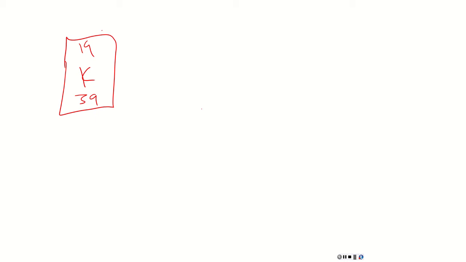Well, I would have to draw 19 protons. And how many neutrons would I have to draw? Well, what's 39 minus 19? 20. I would have to draw 19 protons and 20 neutrons, and that would get really messy, really crowded.